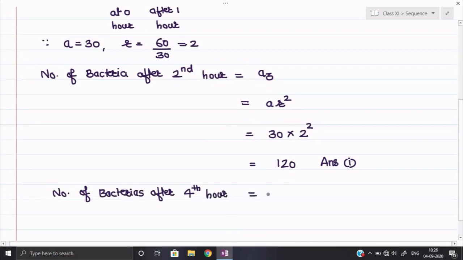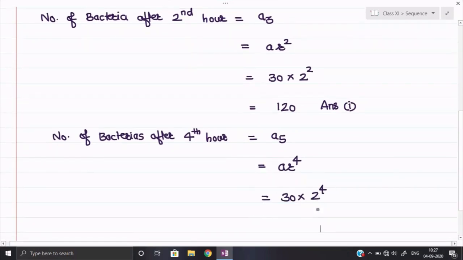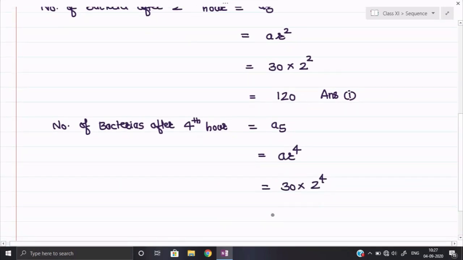In the same manner, after second hour it was the third term, so after fourth hour it will be A5. So value of A5 will be equal to A into R to the power 4. So it will be 30 into 2 to the power 4, because value of R is 2. 16 into 30 will become 480 bacteria. So this is your second answer.